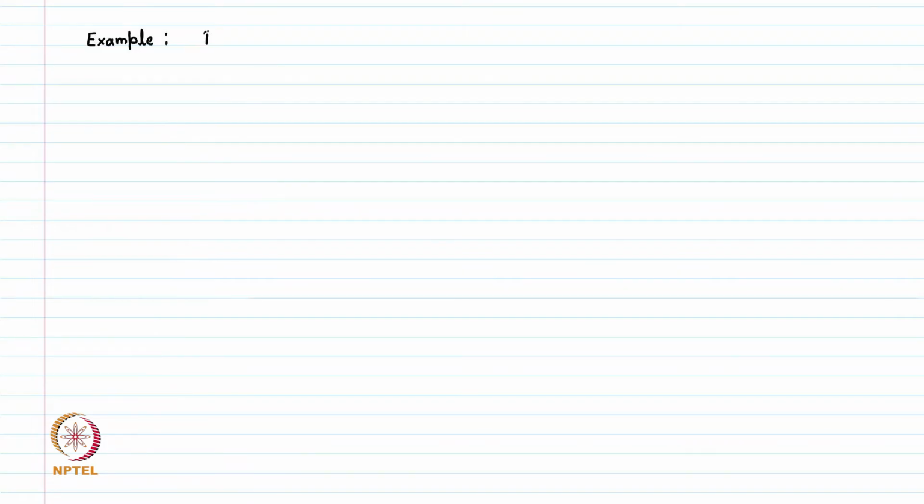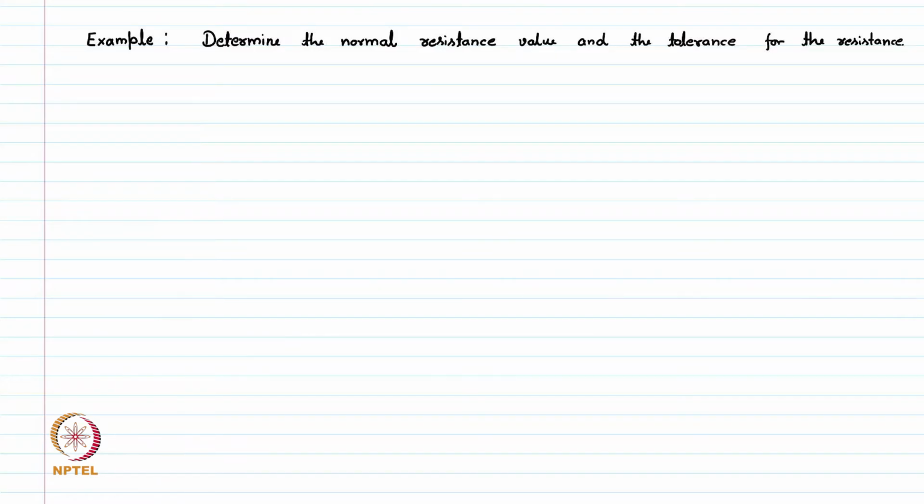Determine the nominal resistance value and the tolerance of the resistor shown below.